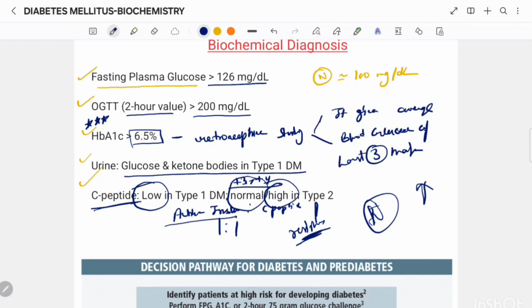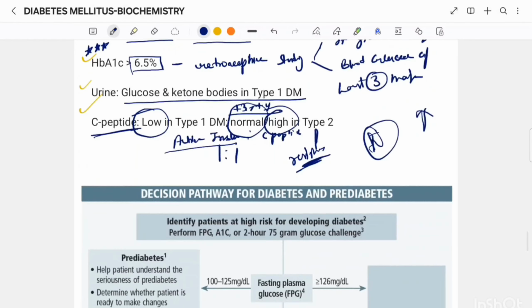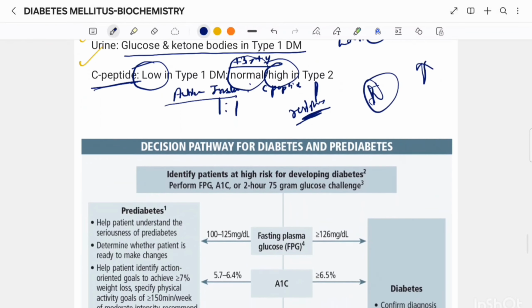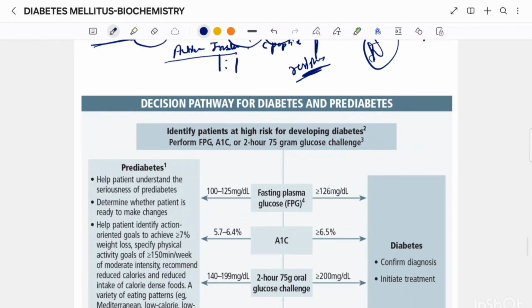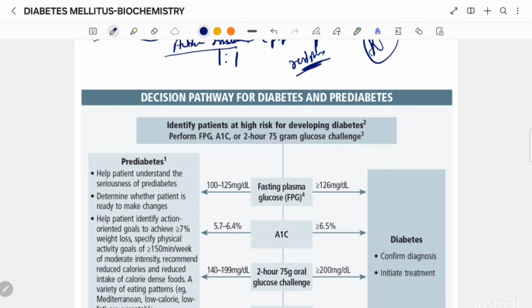Let's talk about how we can make a decision for the diagnosis of diabetes and pre-diabetes. So first of all, we have some tests as we discussed earlier. First one is fasting blood glucose. If it is greater than 126 milligram per deciliter, then it is a confirmed diagnosis of diabetes.